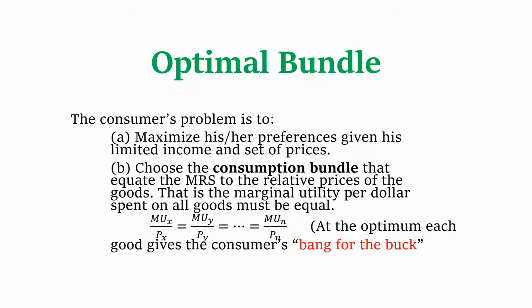The marginal utility per dollar spent on X is equal to the marginal utility per dollar spent on good Y. So if the consumer is faced with N commodities, it means that the marginal utility per dollar spent on good 1 is equal to the marginal utility per dollar spent on good 2, is equal to the marginal utility per dollar spent on good 3, and so on up to good N.